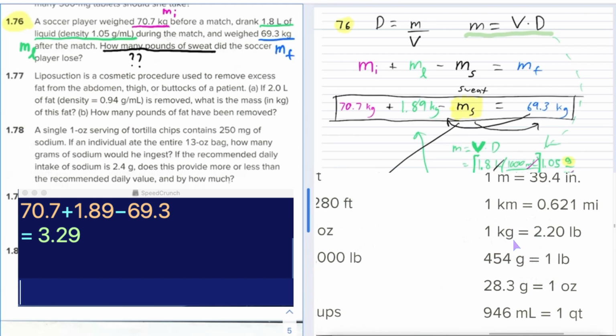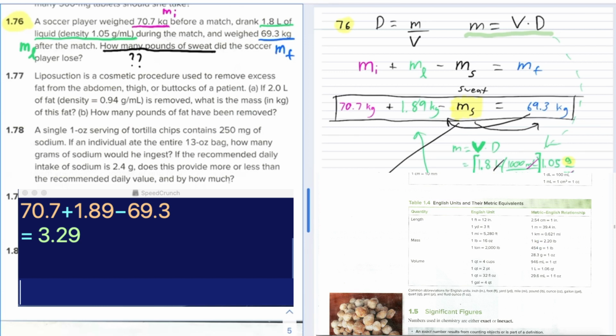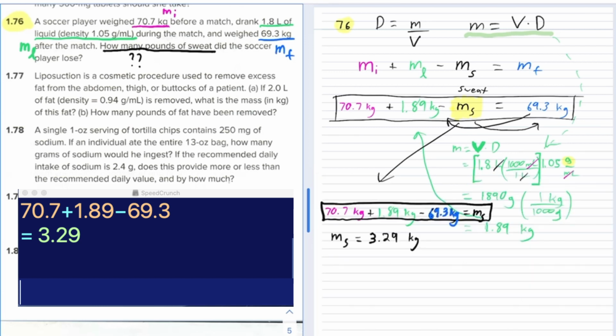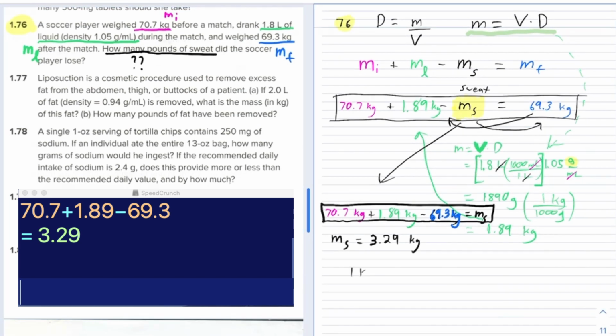1 kilogram is 2.20 pounds. Okay, and then let's just write that down. So one kilogram is 2.20 pounds. So we can put that in as a conversion factor, get rid of kilograms, put that on the bottom. 2.20 pounds goes on top, and the kilogram cancels the kilogram.